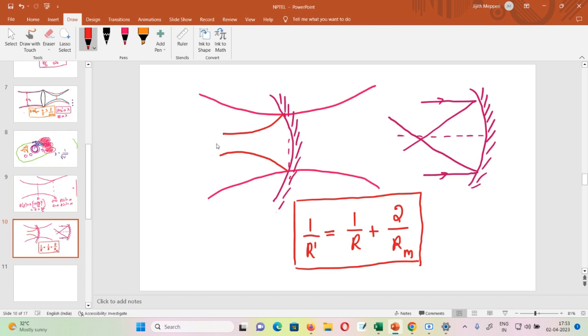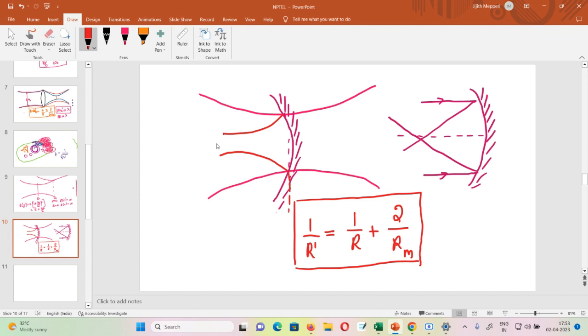Now using this equation, we can see some quantitative nature. We kept our mirror at the beam waist.